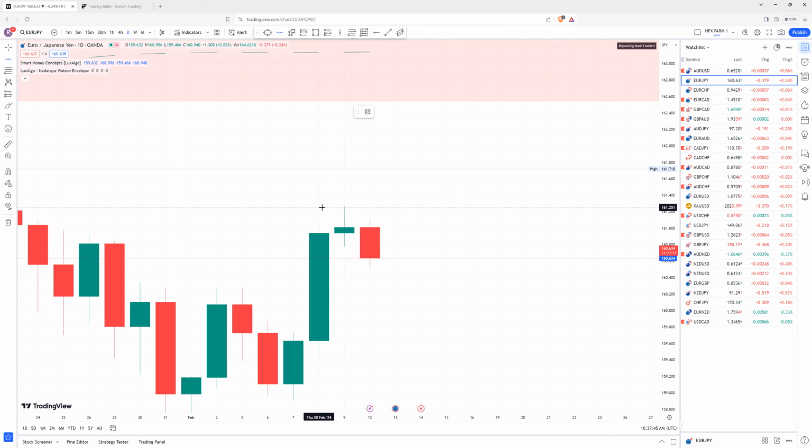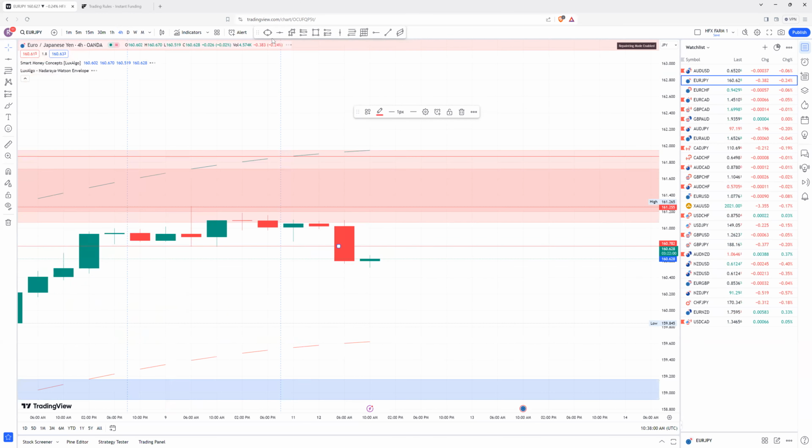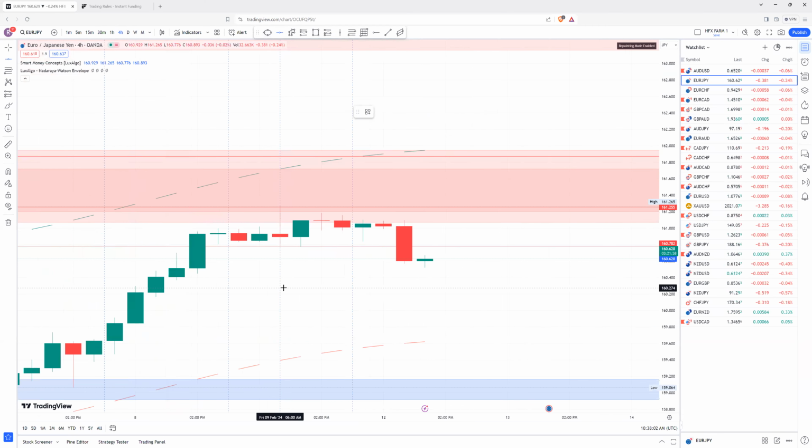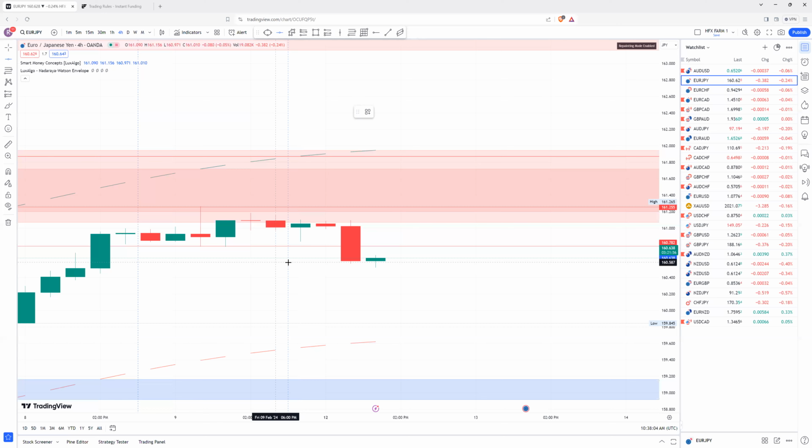So we mark up the high and the low of the previous daily candle, and you go down to 4 hour and you mark the high and the low of the current 4 hour candle. Good.